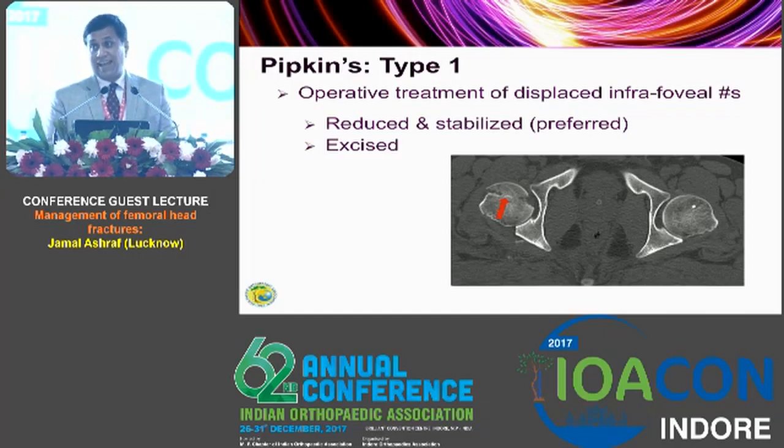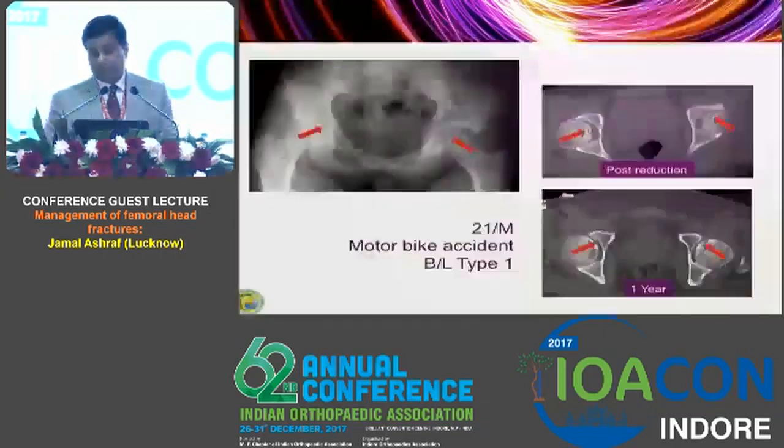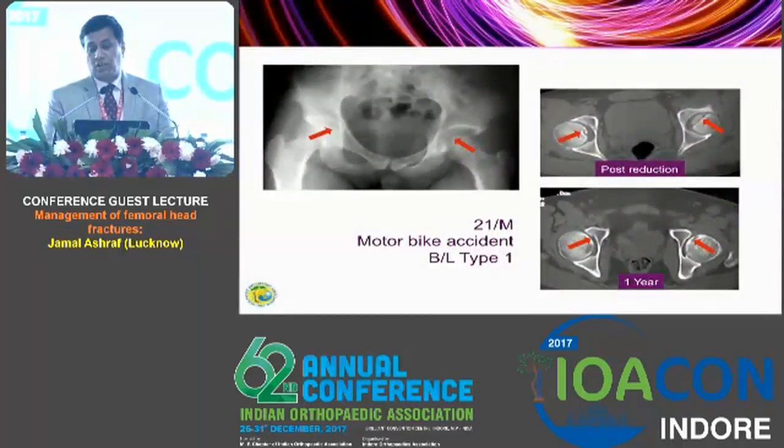Instead, excise these fragments. Now, this is a patient, a 21-year-old male, who has a road traffic accident, a motorbike accident, and sustains bilateral hip injury. Both the fractures are reduced, and the fracture fragments are found to be within the zones of acceptance.